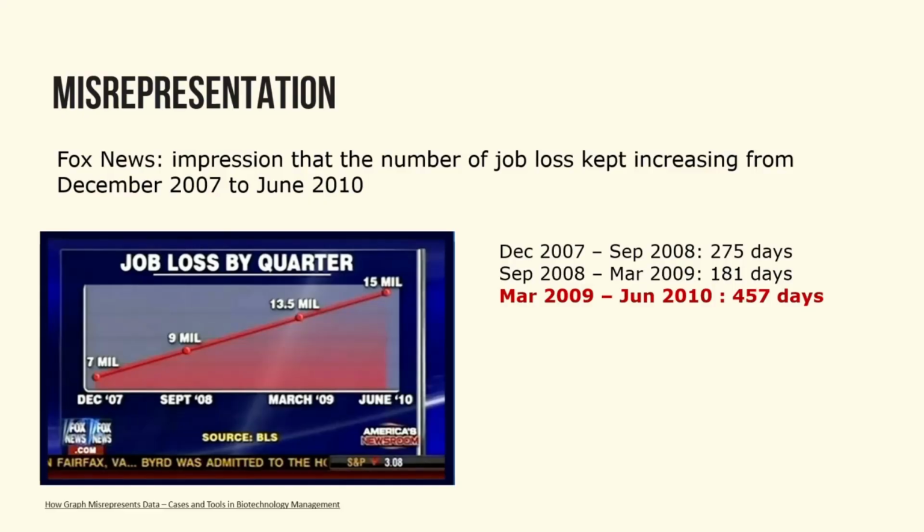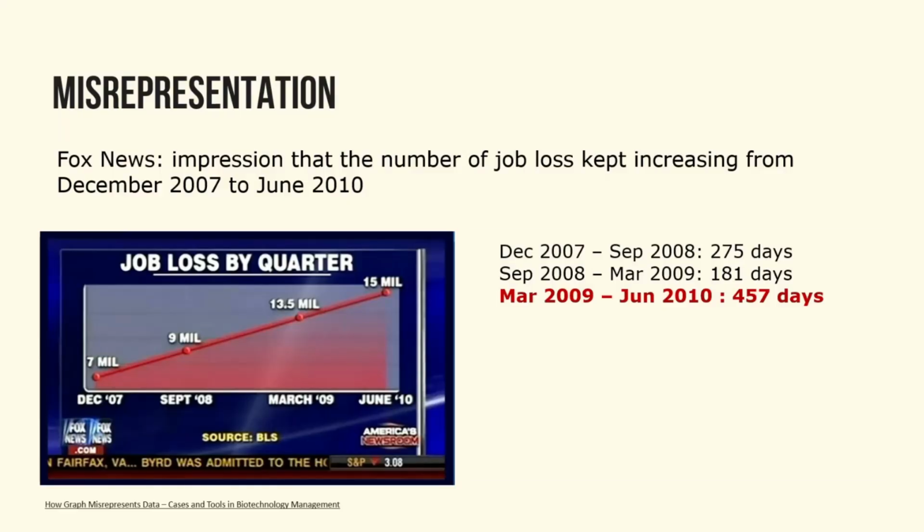But for the last interval, from March 2009 to June 2010, the interval increases to 457 days. So the axis is not realistic here. What they're doing is compressing longer intervals and expanding shorter ones. And that gives the impression that there is a steady increase in the job loss.